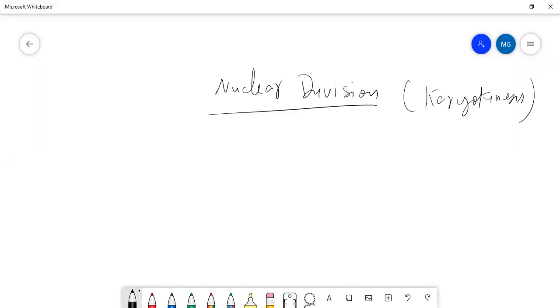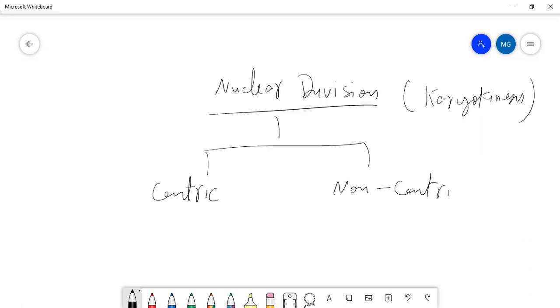So I am talking about nuclear division in fungi. Now nuclear division can be of two types. In fungi we can have two different kinds of nuclear division. One is called centric and one is called non-centric. So two kinds of nuclear division, centric and non-centric. Remember that when I say nuclear division is centric, it means centrioles are present.